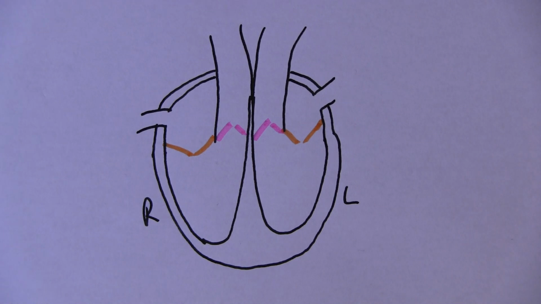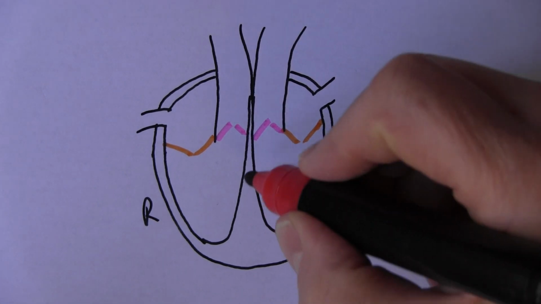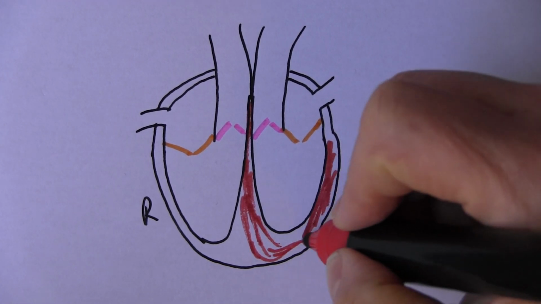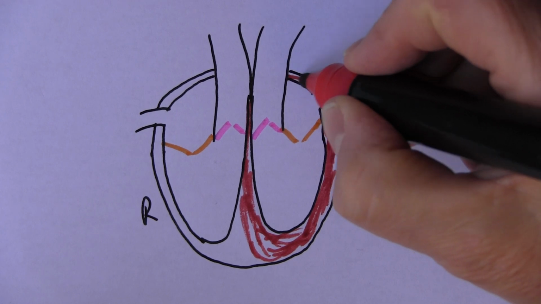And it's useful to think about the contractile layer of the heart. We have the thicker left ventricle here, the cardiac septum in the middle. This is the myocardium, the contractile muscle of the heart.